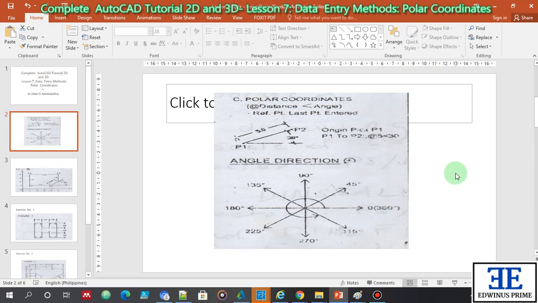If you are going to ask me which one is my favorite among the 3 methods, absolute coordinate, relative coordinate, and polar coordinate, they have their own strengths and weaknesses.